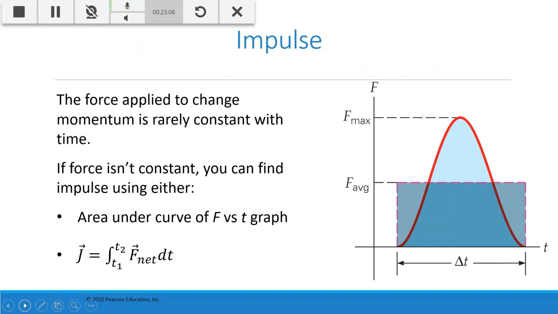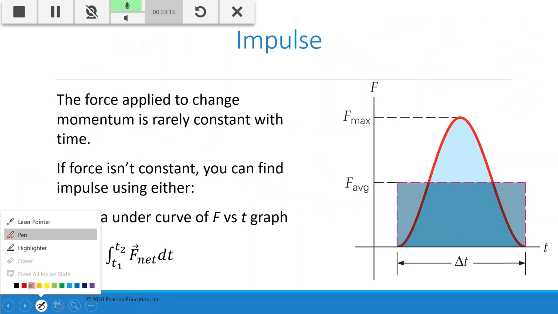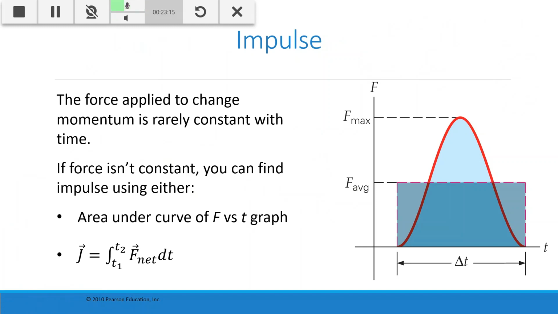Now, the force that's being applied to change that momentum is rarely constant. So for example, this over here is a graph of force and time. So the previous equation that defined impulse as F average times delta t only gives you an average value over that time interval. If we want to find an impulse at any one instant in time, we would have to know what was going on over a particular time interval.